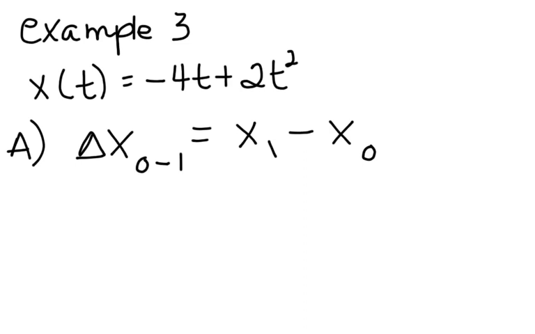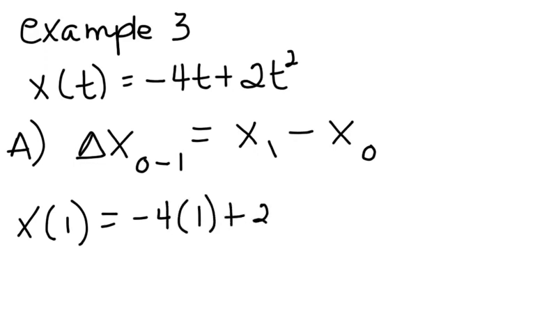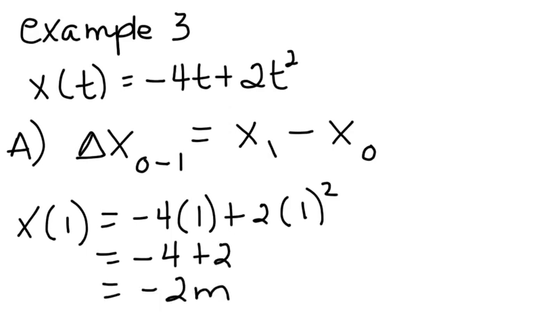And so what we want to do now is find out what is my position at 1 second and what is my position at 0 seconds. So my position at 1 second, we're just going to plug in 1 for t. And I get an answer of negative 2 meters.